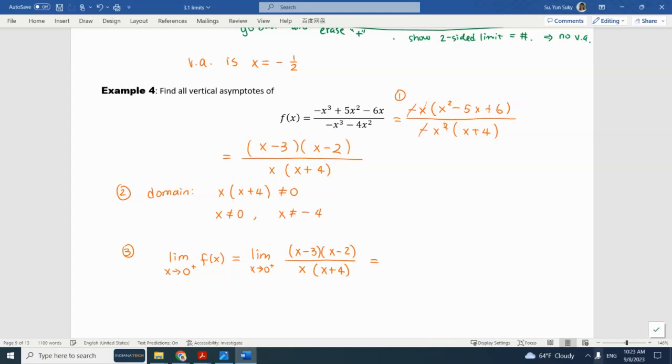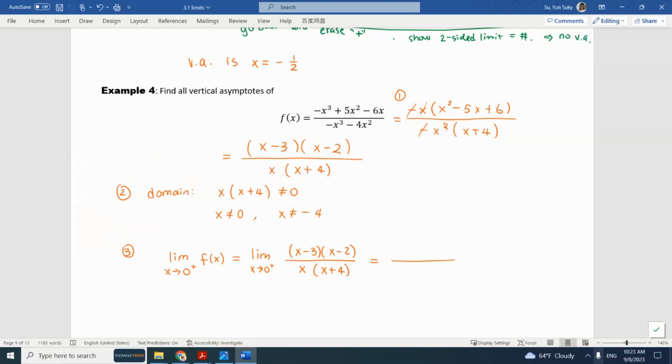Okay, tell me, how do we change each factor? Oh, by the way, if x goes to 0 from the right, which factor goes to 0 plus? The first x. Replace x by 0 plus. Why? Because x corresponds to this factor.